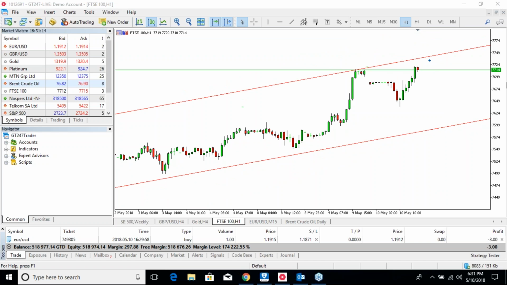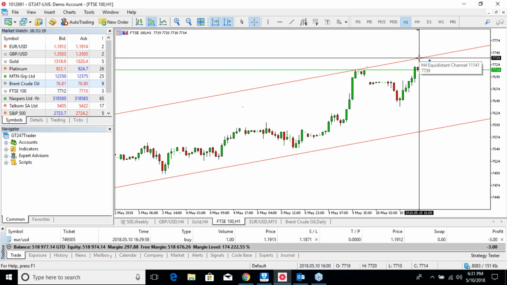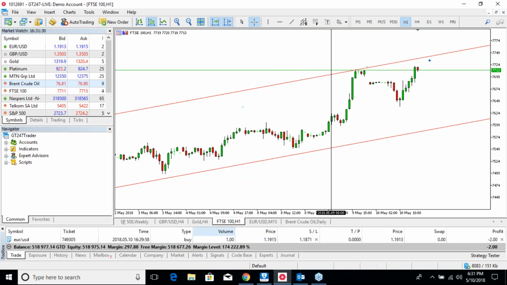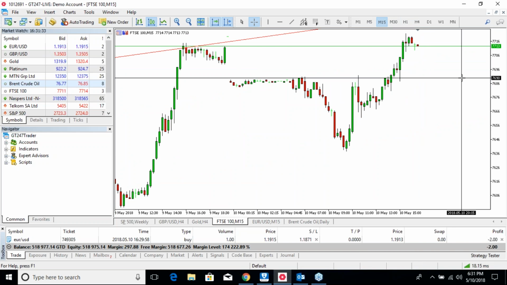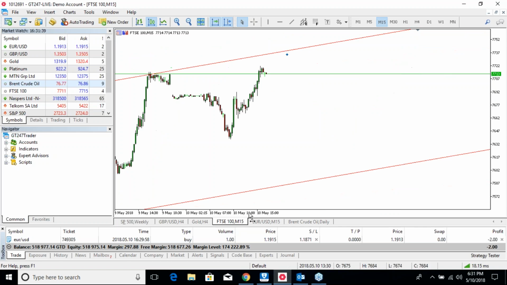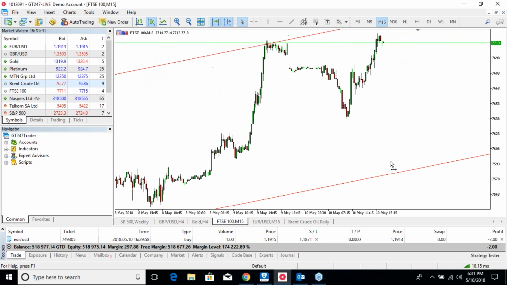But if it does continue to go up, there is movement up until the top of the channel. Okay, so that's that. Actually, sorry, I'm looking at the hour chart. That is not correct. The 15-minute chart confirms what I'm saying.